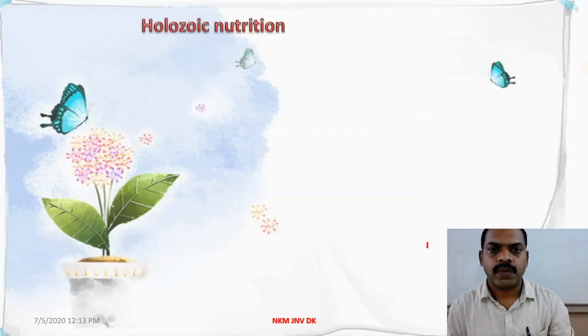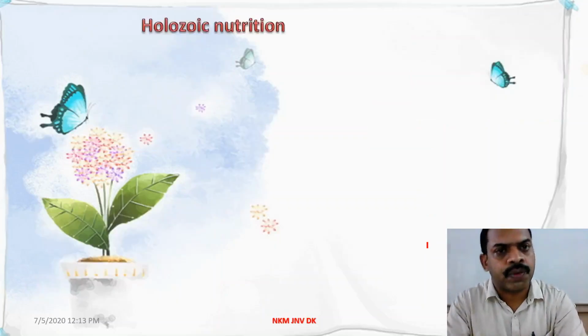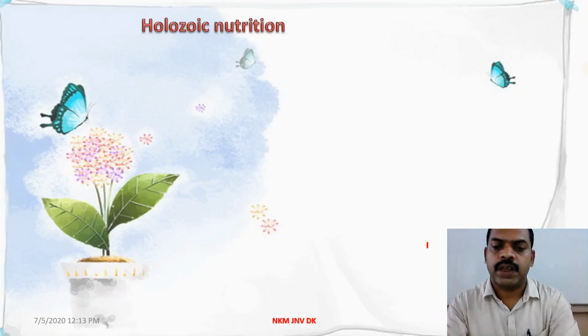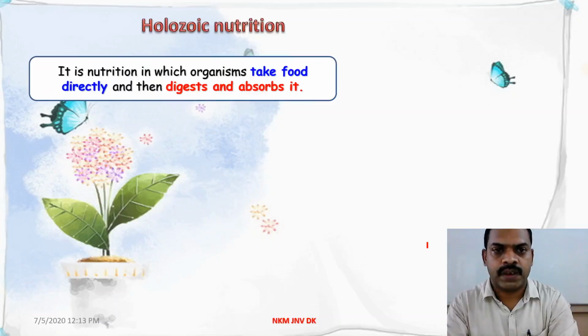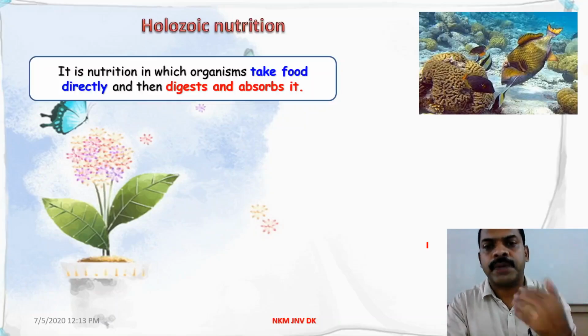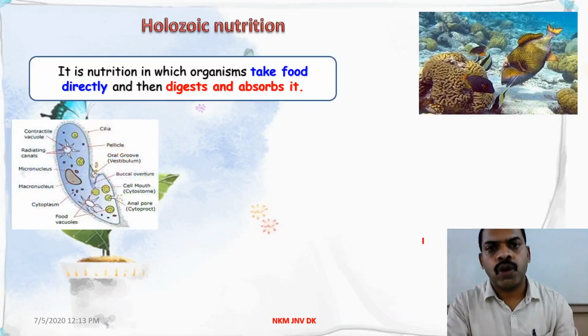Okay. Now let us see the next type of nutrition, called the holozoic mode of nutrition. This is our nutrition, the way we do it. Intake the material as a whole or in part, digest it inside our body, absorb it, assimilate it. This is called holozoic nutrition.